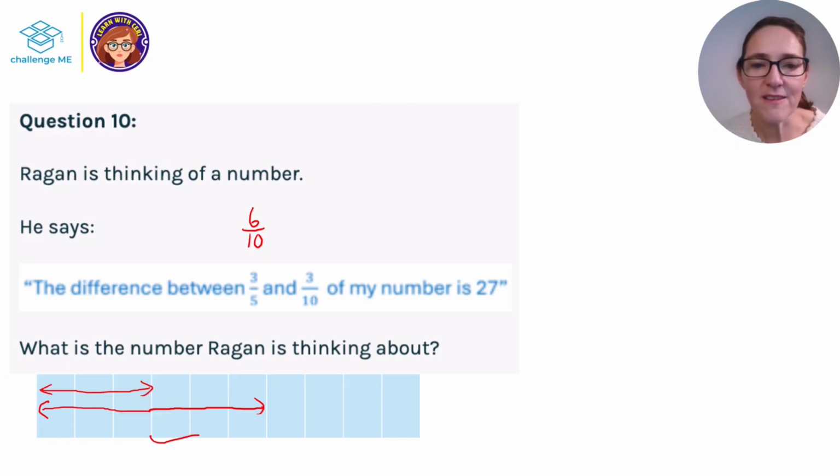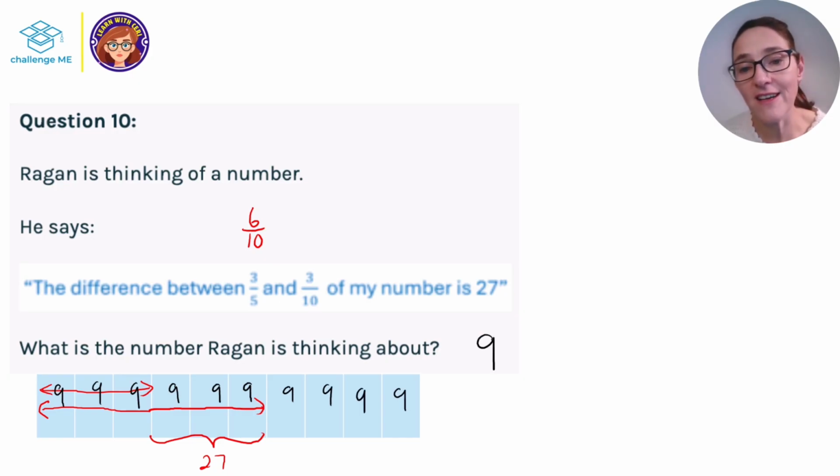So this extra has to be 27, which tells me that each box must be 9. Divide 27 by 3, we get 9. And there are 10/10 in the whole, so the number we're looking for is 10 nines, which is 90.